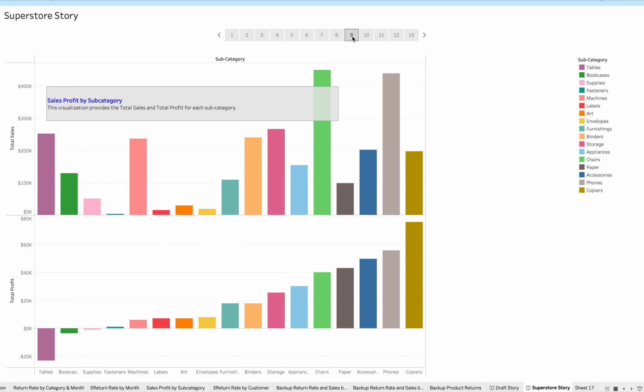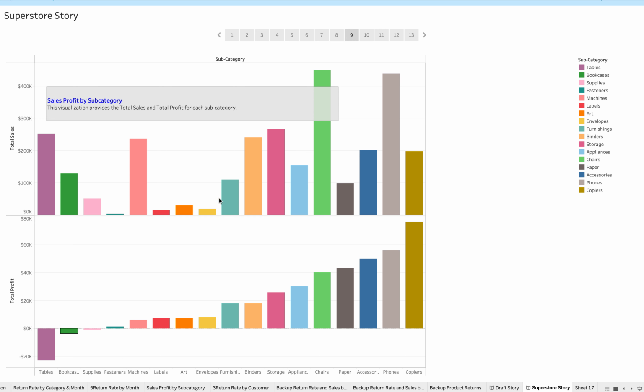Now moving on to the next slide, this slide just tries to understand how the total profit and total sales vary for subcategories. So here tables has pretty much a loss, but their return rates were not that high, they were average. So in order to understand the bigger picture of a subcategory, we need to understand them based on sales, profit, cost of returns, and then return rate.